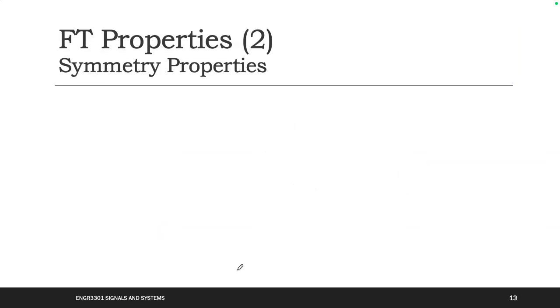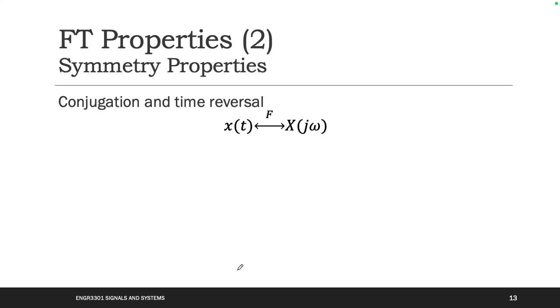For the FT, it is very similar. First, let's talk about conjugation and time reversal. If you have a signal x(t) with this FT, then the conjugate has this one, and x star of negative t will be this one.